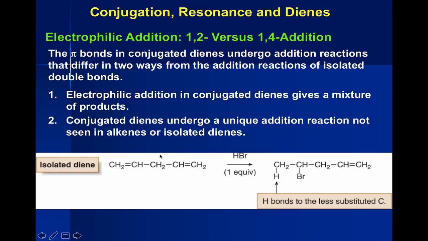It doesn't matter because it's symmetrical, so it's just showing that it's adding to this one. And we know from Markovnikov's rule that the hydrogen will go to the least substituted carbon and the bromine will go to the more substituted carbon, via a carbocation intermediate. And so you would end up with the product that you see here. Pretty simple and straightforward. Since the double bonds are not in conjugation, it just behaves as an isolated diene. So we end up with an alkyl bromide and an alkene.